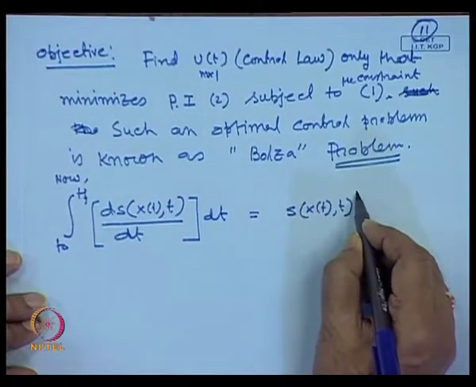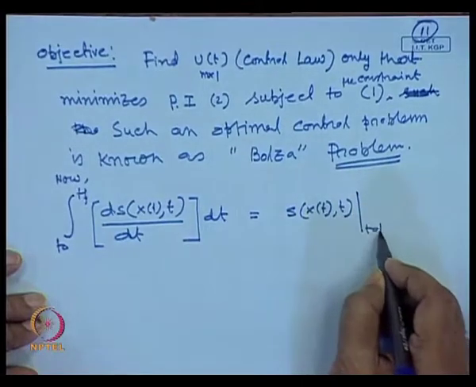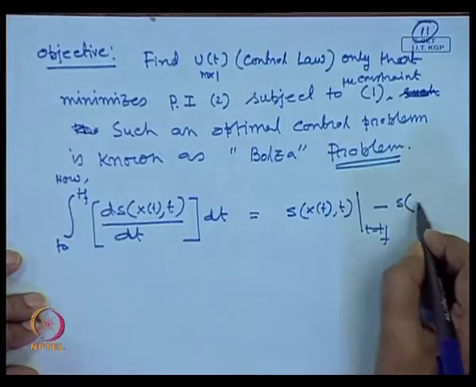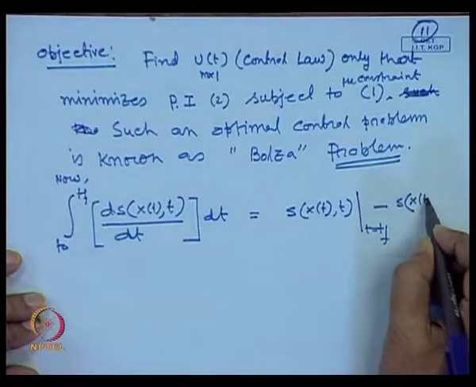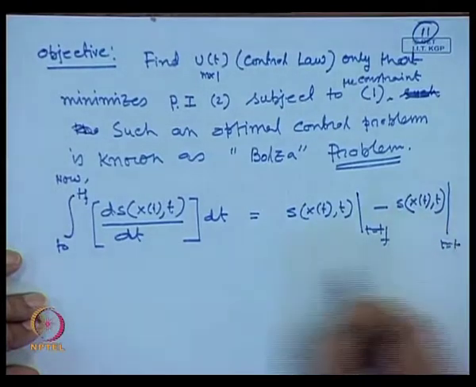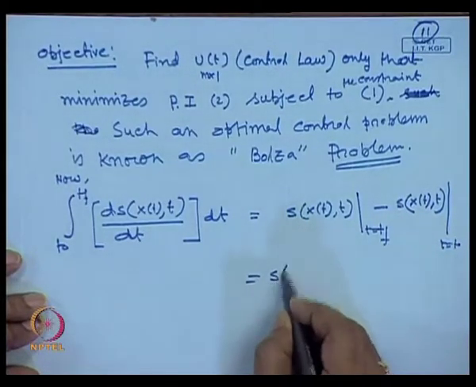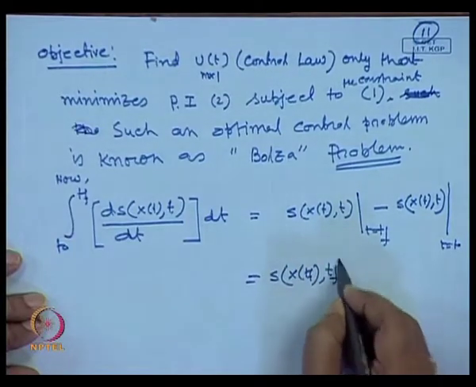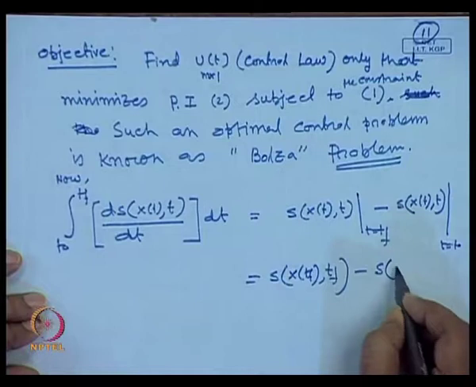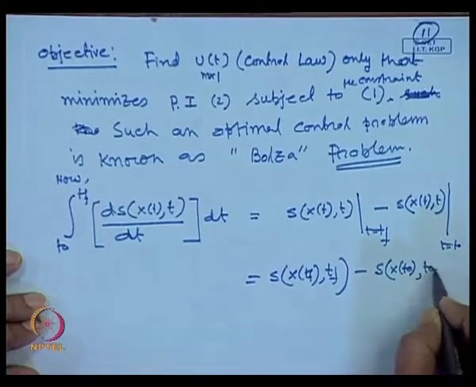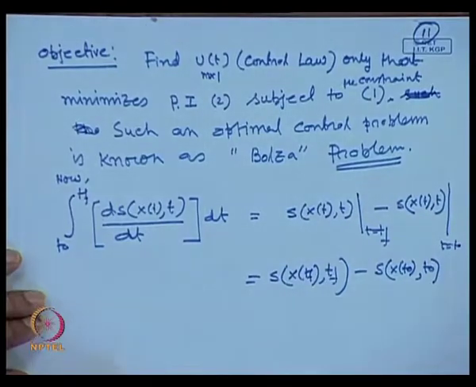at t equal to Tf, minus the value at t equal to T0, which is nothing but s of x(Tf), Tf minus s of x(T0), T0.